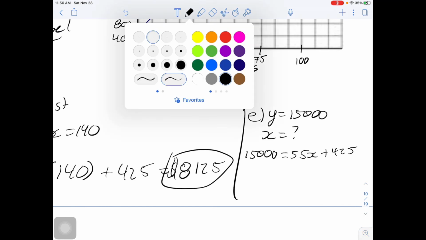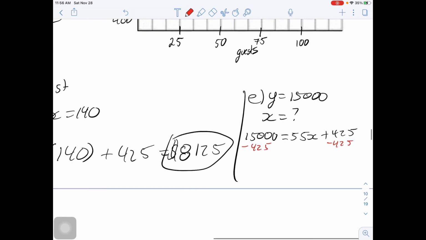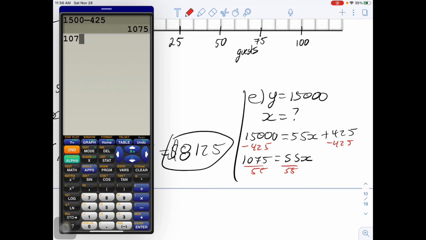And now you're solving. So subtract 425, bring out your calculator. Oh, I missed a 0 when I did this.